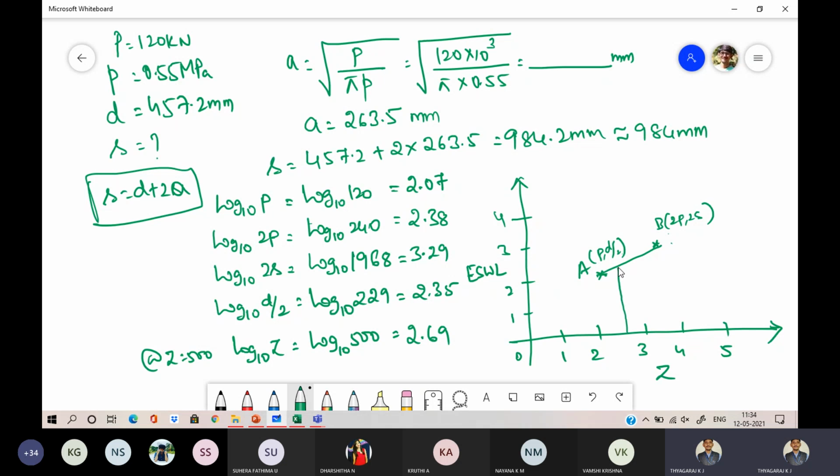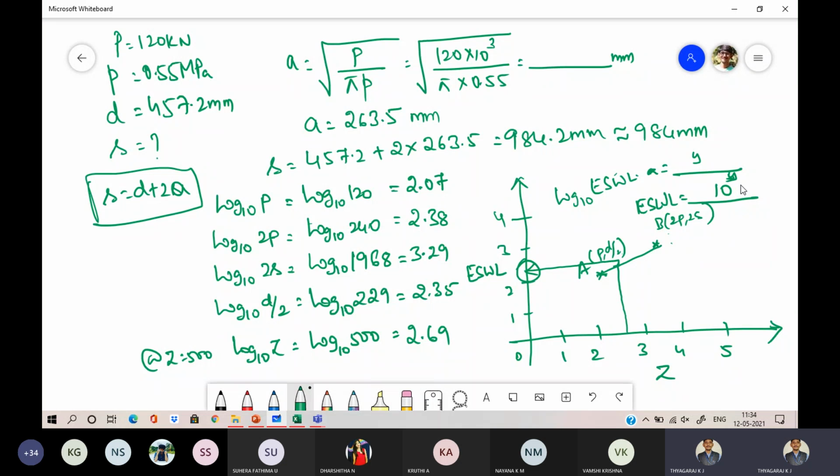So 2.69, draw a line. If you cut this straight line here, project it. So check it. ESWL, that is log 10 ESWL you are going to get. So convert that: ESWL is equal to 10 power, let us assume Y. So you will get 10 power 4.